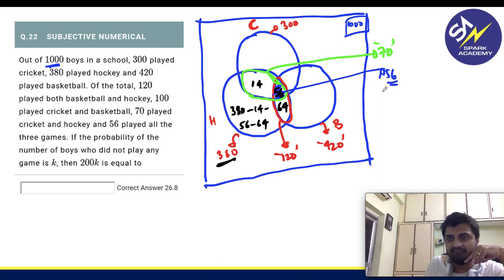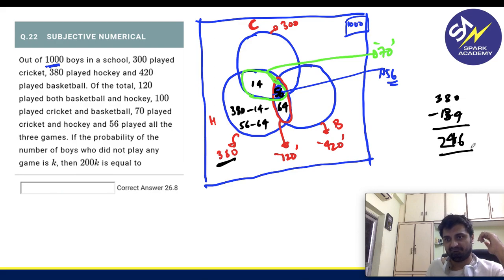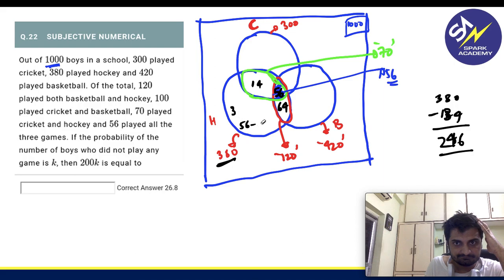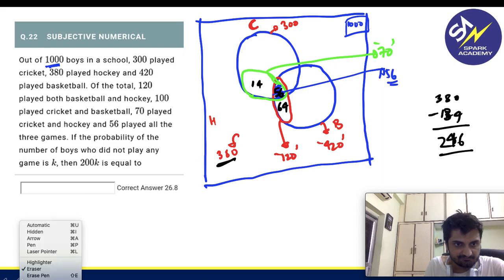So only hockey will be what? 380 minus 134, correct? This is 56, 64, 120 and 134. So 380 minus 134 means 246. So 246 are only playing hockey here. Only hockey is 246 basically.